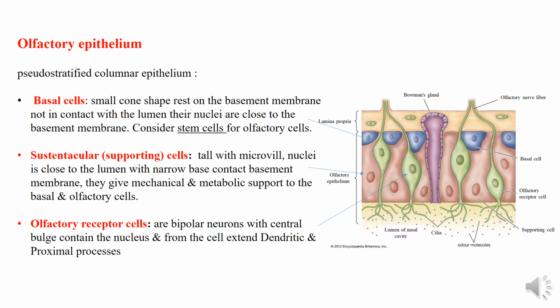Now, this green cell, the olfactory receptor cell, is a bipolar neuron with a central bulge containing the nucleus, and from the cell extend dendritic and proximal processes.